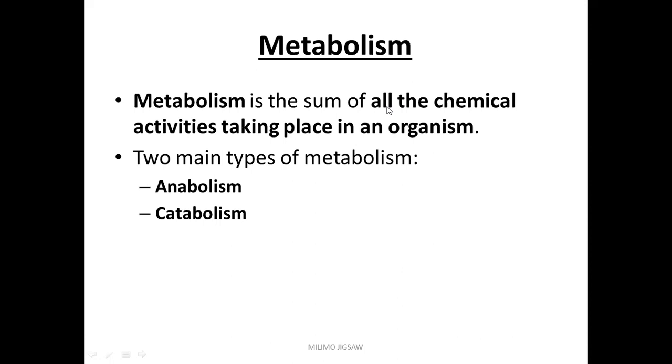So when you look at anabolism, this simply includes the pathways or the reactions for which complex molecules are synthesized from simpler substances. Anabolism is synthesis of complex molecules from simpler substances.